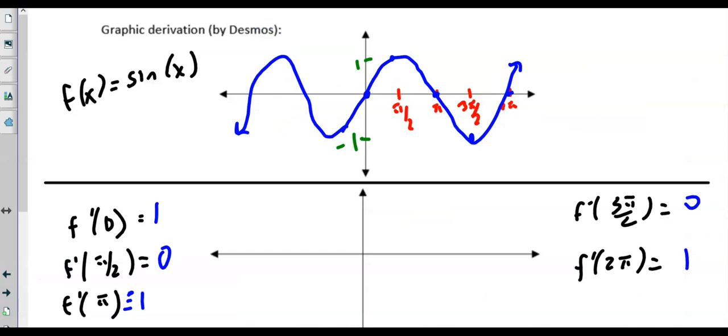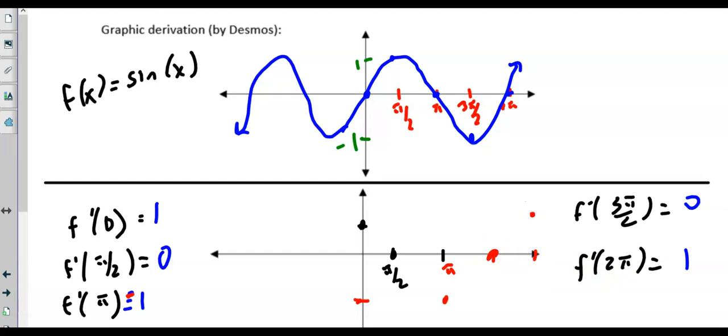Now we have 0, 1, which is up here. We have pi over 2 and 0, which is here. Sorry, pi and negative 1. So at pi, we have negative 1. Then at 3 pi over 2, we have 0. At 2 pi, we have 1.